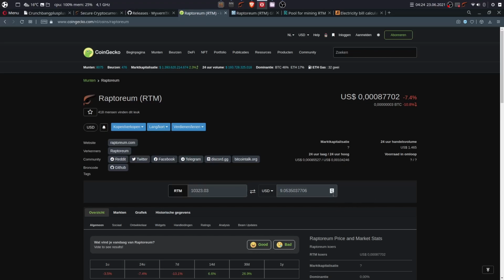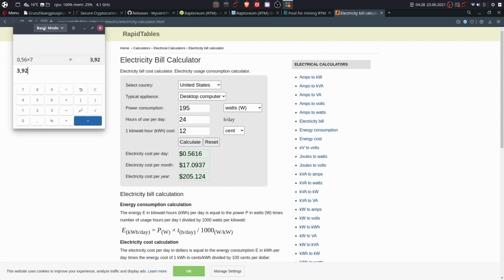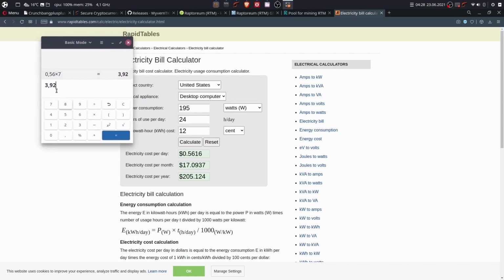In a week I made $9 in fiat value. While mining Raptoreum, my PC consumes around 195 watts of energy, which daily translates to 56 cents, and weekly this is around $4.